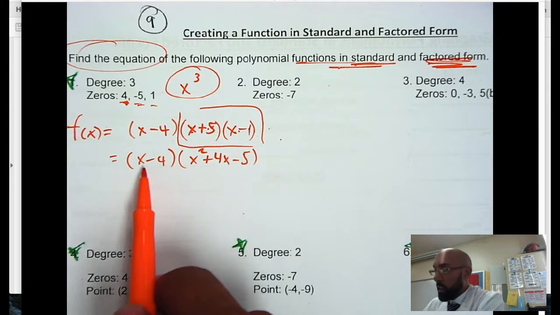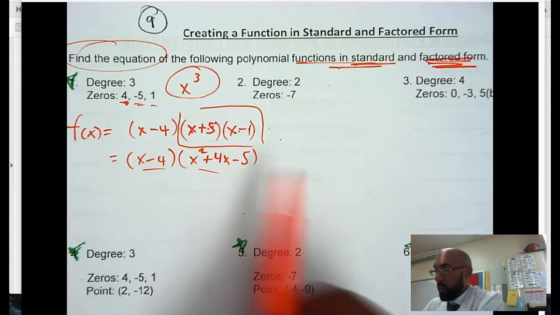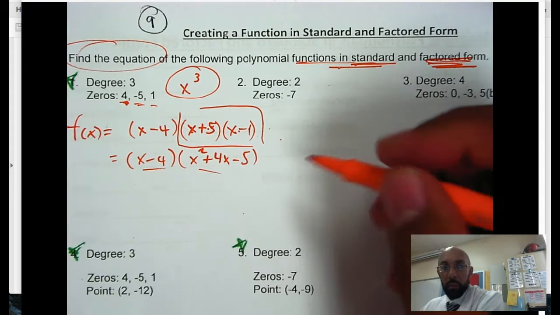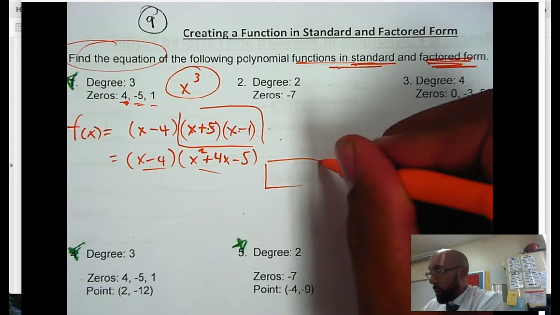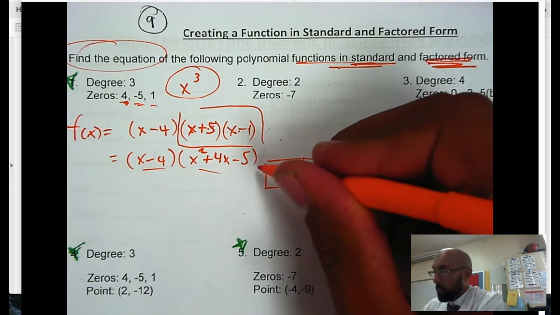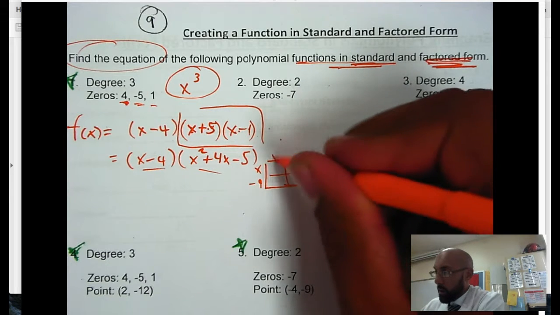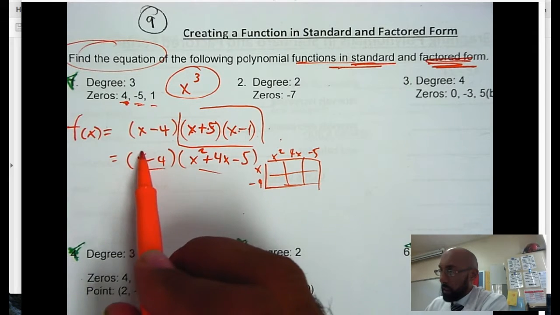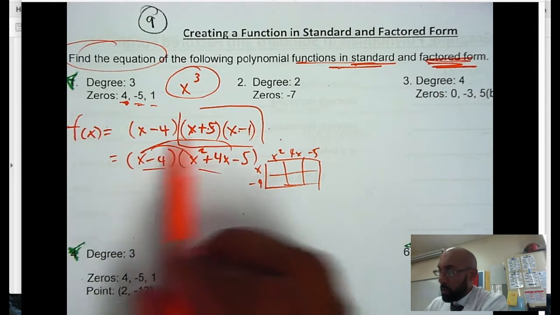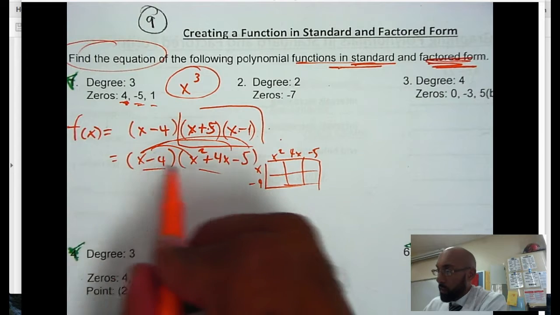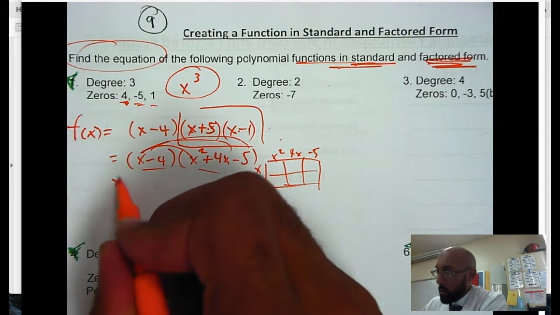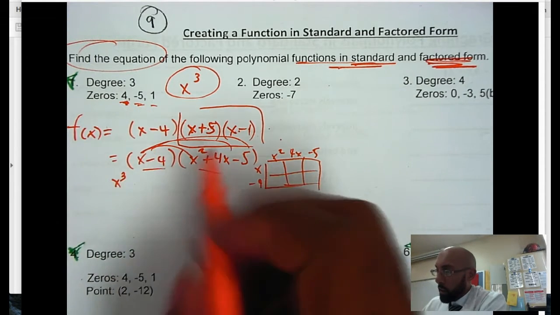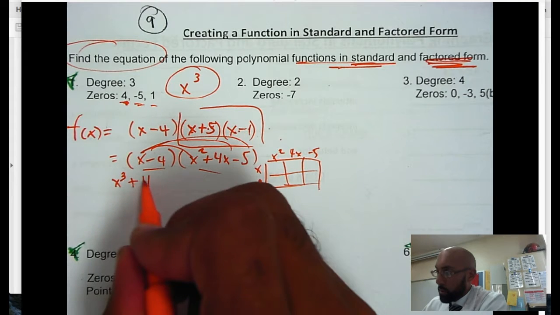But then I have to multiply x minus 4 and x squared plus 4x minus 5. Now I can do, again, the box, and this would be a 2 by 3 box if you want. The way I'm going to do it is I'm going to take the x term and distribute it. So x times x squared, x cubed, and then x times 4x would be 4x squared.